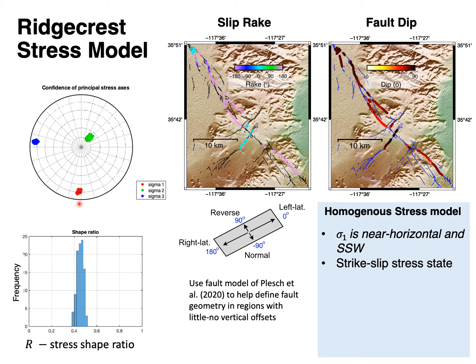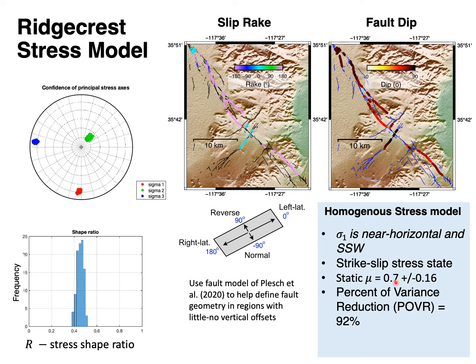And we find an R value of around 0.5, so it shows an almost Andersonian strike slip stress regime. And from this we can also estimate the static coefficient of friction by projecting the stress tensor onto these different fault orientations. We get a static frictional coefficient of 0.7, which is quite high, indicating a fairly strong intercrustal fault.